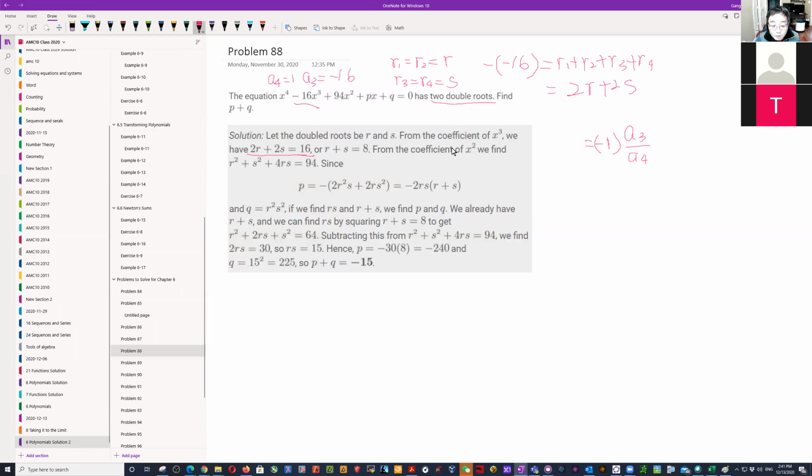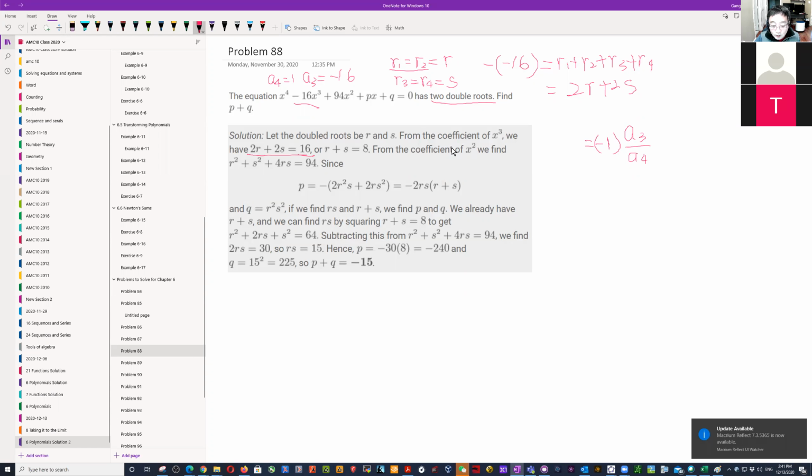Then the symmetric sum. If you have r1, r2 equal to r and r3, r4 equal to s, how many terms could you have?